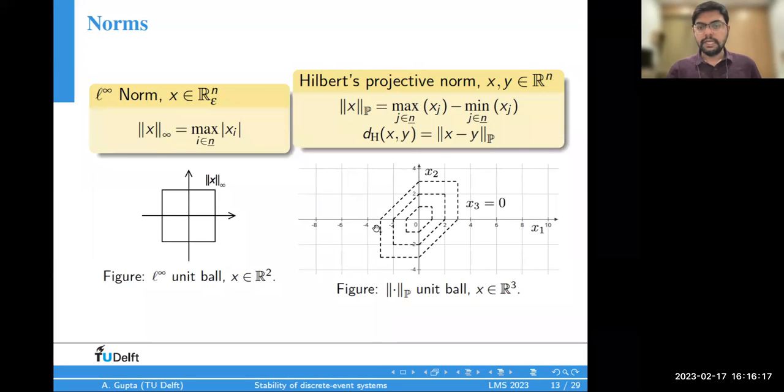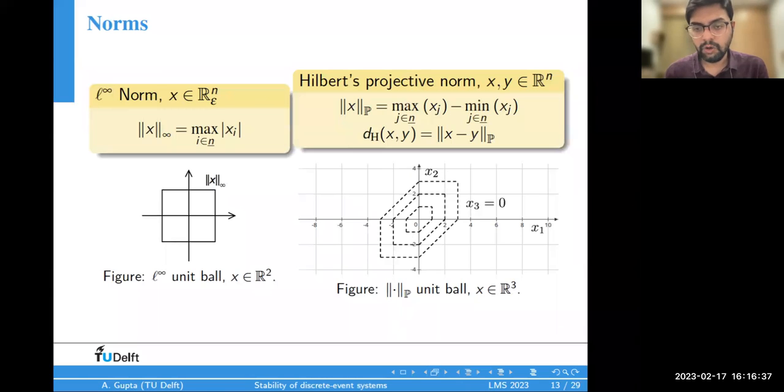The next important norm is Hilbert's projective norm, and this is quite an important feature that I use.